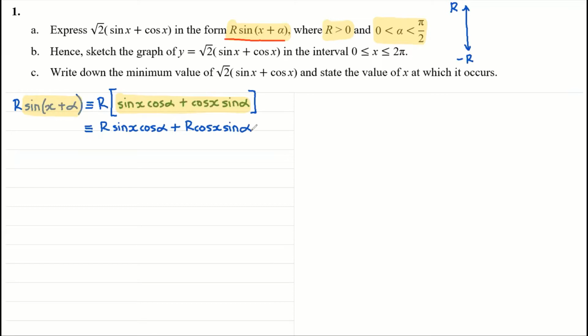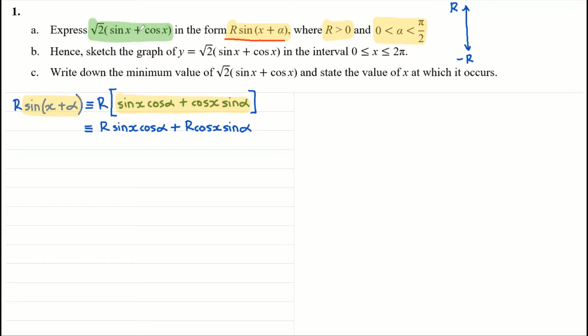Now, if we go back to the question, we're told to express this. It looks unusual at first glance, doesn't it? Because you've got the root 2 multiplying all this. But it simply means that the a and the b are just going to be root 2.